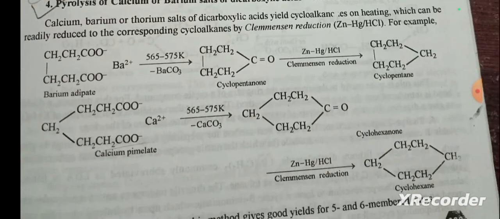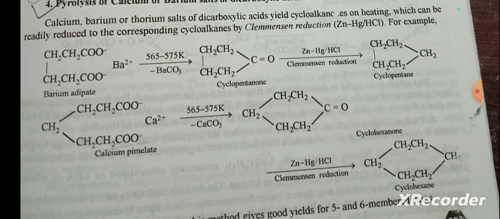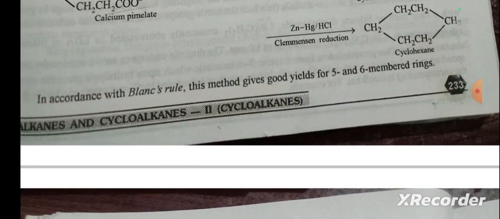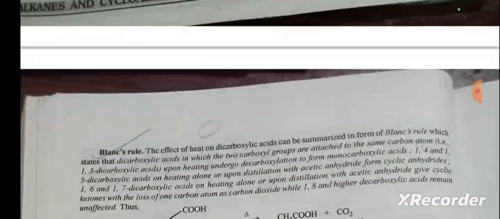For example, barium adipate in the presence of BaCO3 at 565 to 2 degrees centigrade gives cyclopentanone, and with chemical reduction gives cyclopentane. In accordance with the Blanc rule, this method gives a good yield of 5 and 6 membered rings.